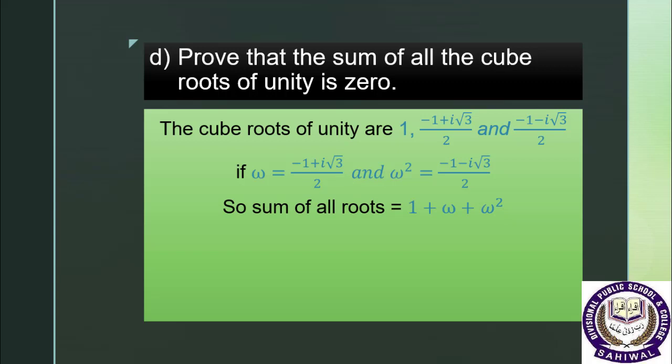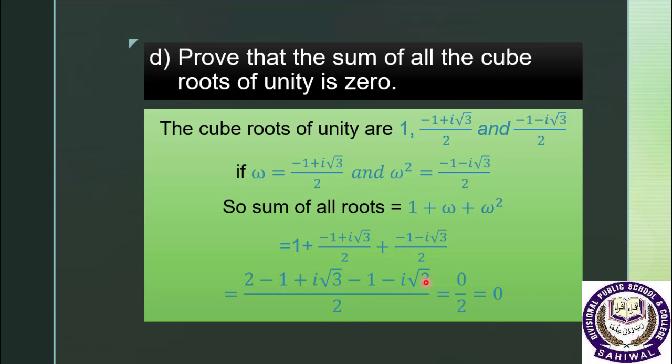So their sum should be equal to 1 plus omega plus omega square. Putting the values of omega and omega square, we get this expression. Simplifying this expression by taking the LCM, we get (2 minus 1 plus iota root 3 minus 1 minus iota root 3) over 2.